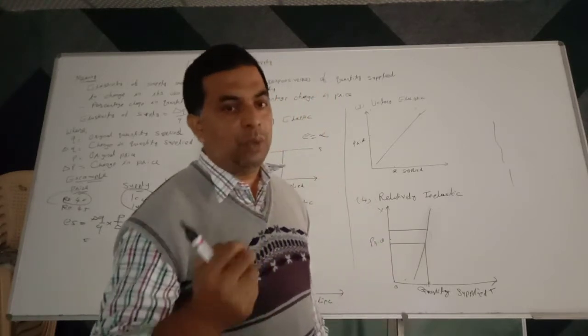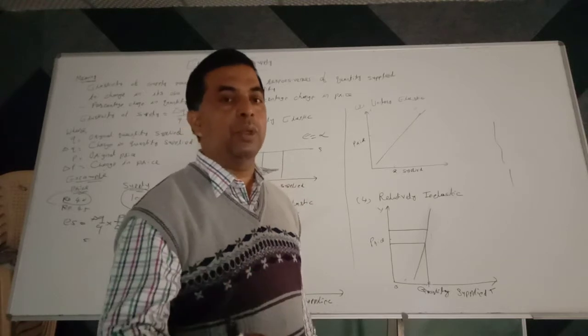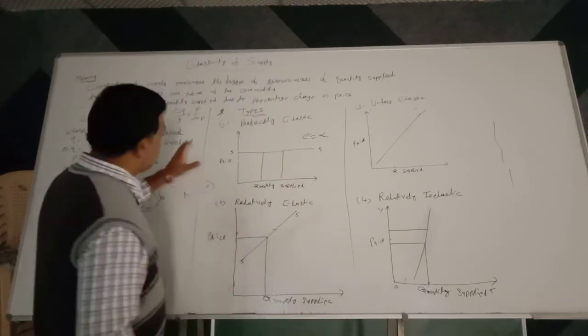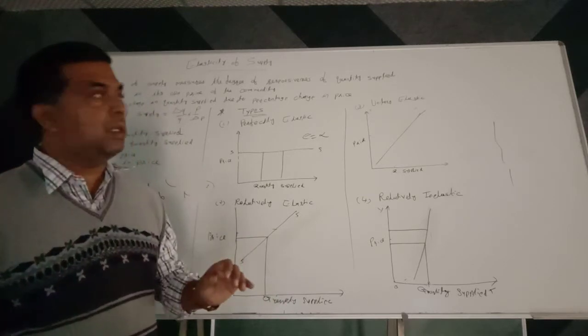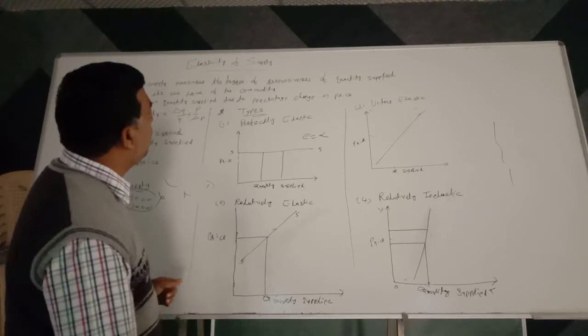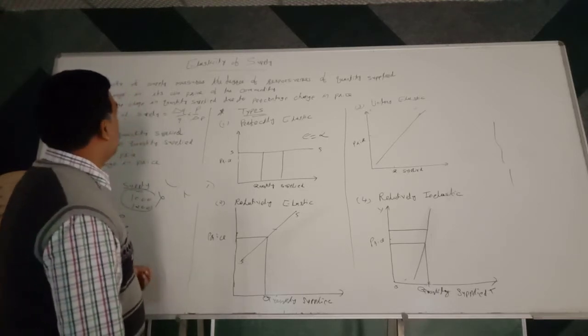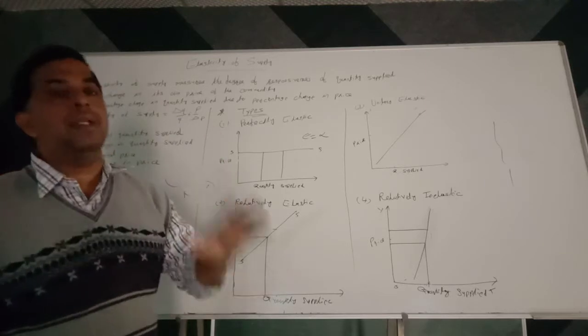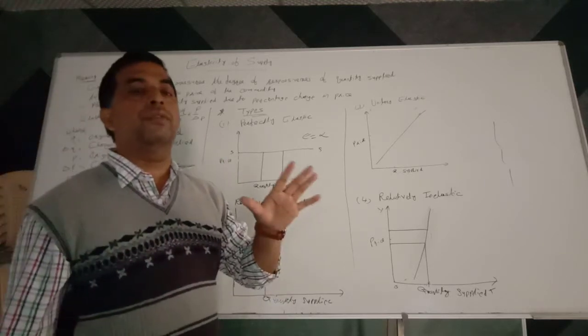So today we are going to discuss one of the most important topics of your syllabus, elasticity of supply. What is elasticity of supply? Elasticity of supply measures the degree of responsiveness of quantity supplied to change in its own price, because price is the most important determinant of supply.